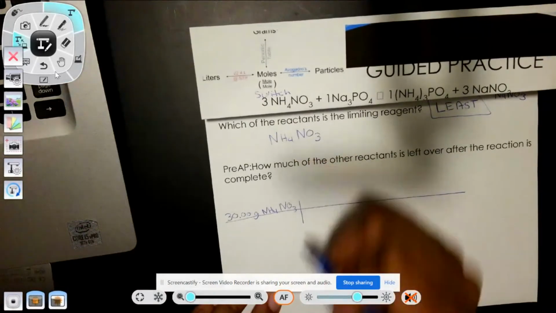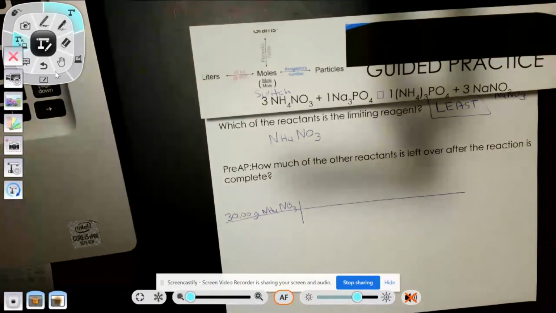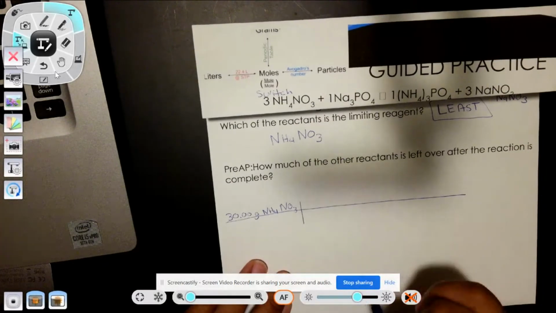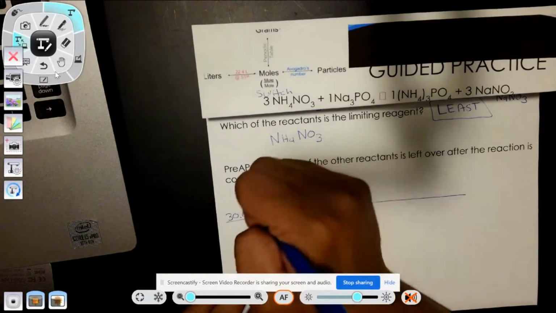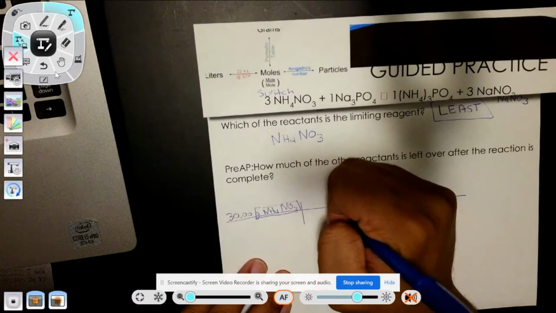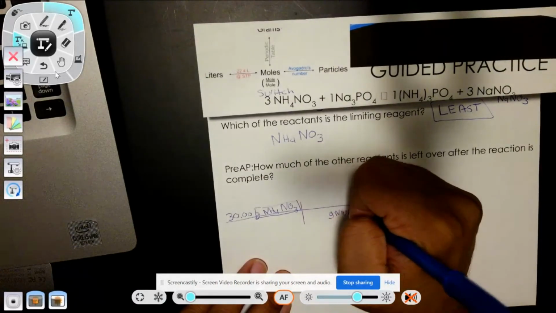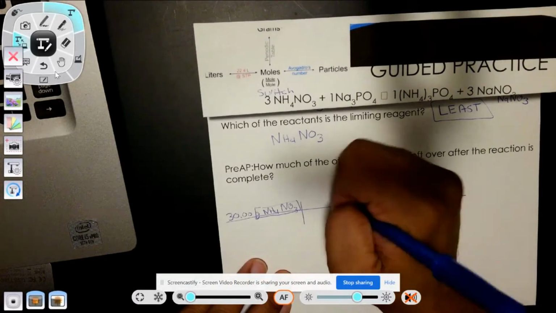Now, as I've already went over, we need to get to grams of sodium phosphate. In order to do the switch, we need to be in moles. So we're going to convert this from grams of ammonium nitrate to moles of ammonium nitrate.